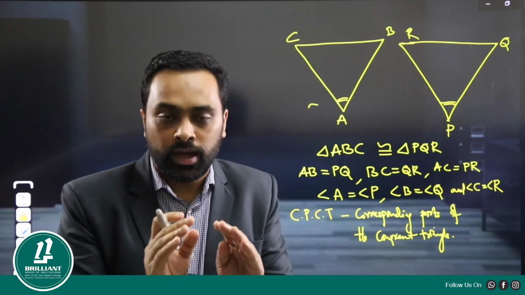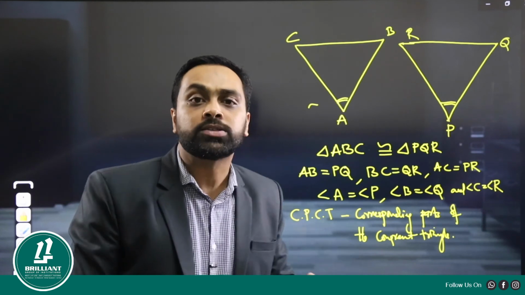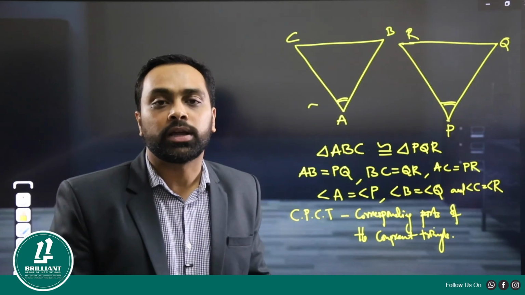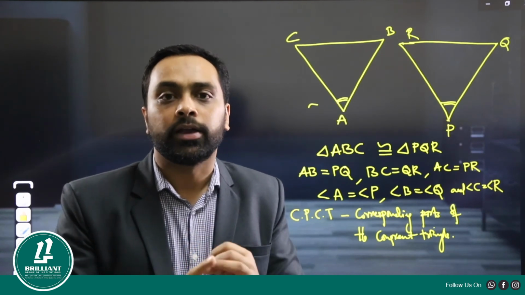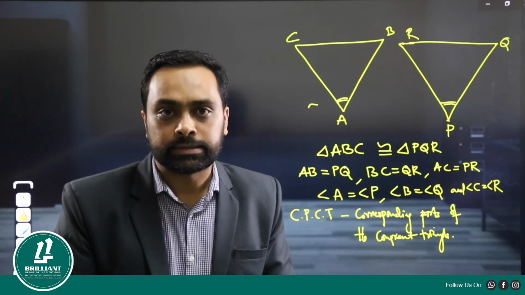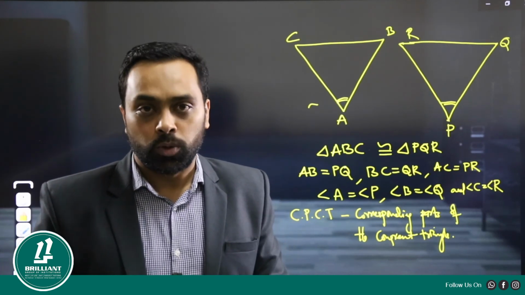So if we say two triangles are congruent, then CPCT will always hold. Corresponding parts of congruent triangles are equal. What are the corresponding parts? All the 3 sides and all the 3 angles. This is about the SSS congruency rule.